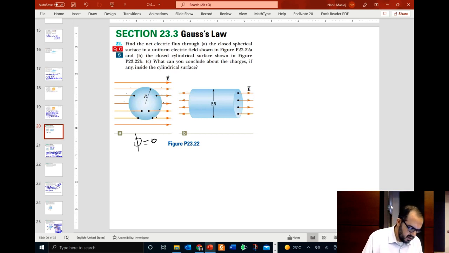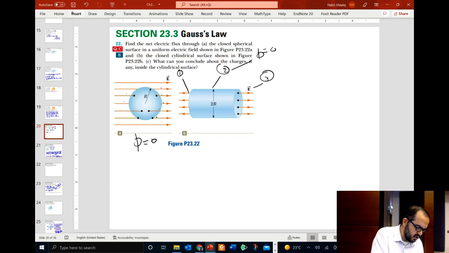Okay, for the cylinder, they're showing us the electric field. So this is area 1, area 2, and area 3. For area 2, since the electric field is perpendicular to the area vector, this one gives us a flux of 0. But for area 1, let's draw the area vector.